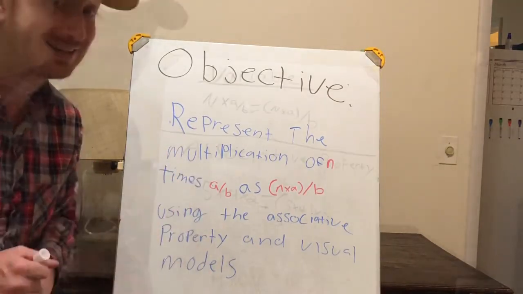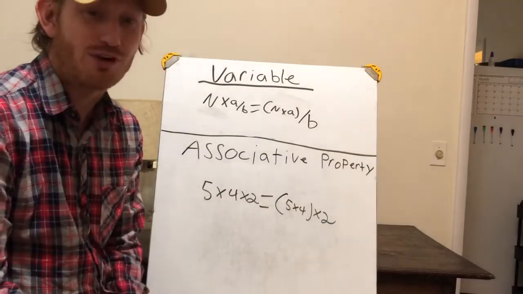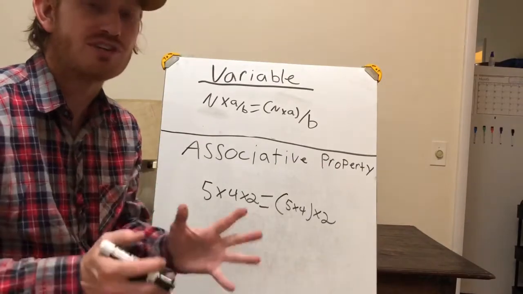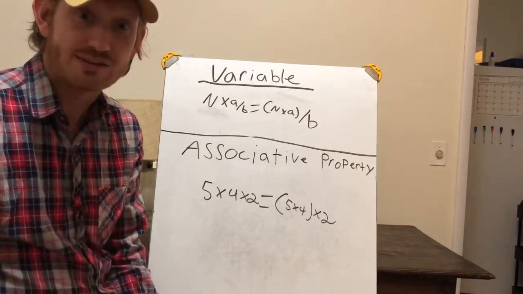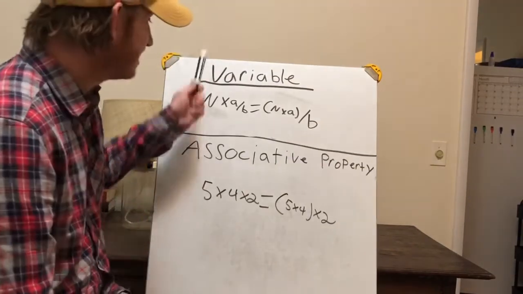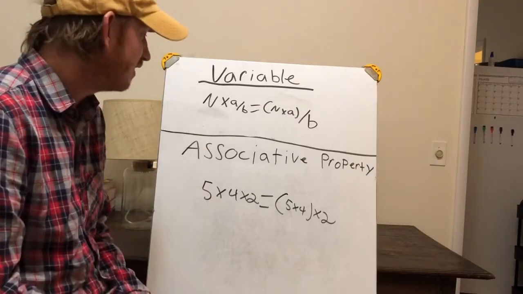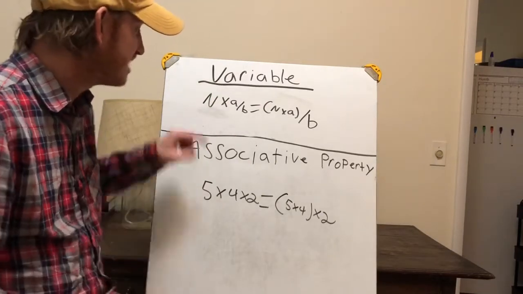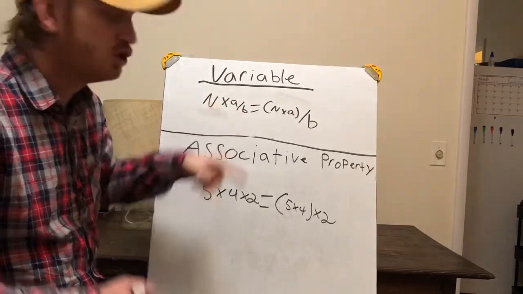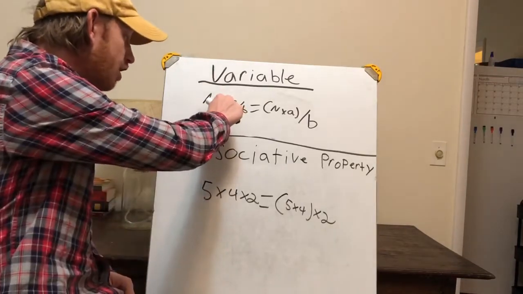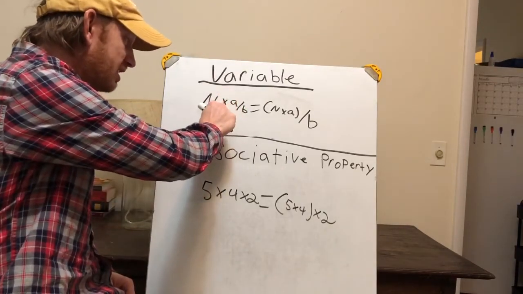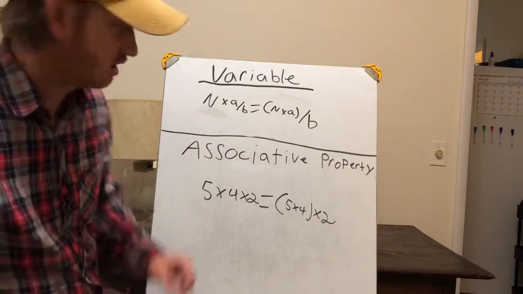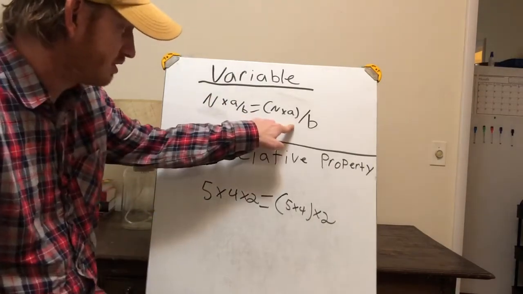Let's jump right in. Before we do our practice problems, let's go over some of the definitions in our objective. The first one is variable. A variable is when we use a letter to represent any number. We don't know what the number is, but we have our equation, so we'll use variables.